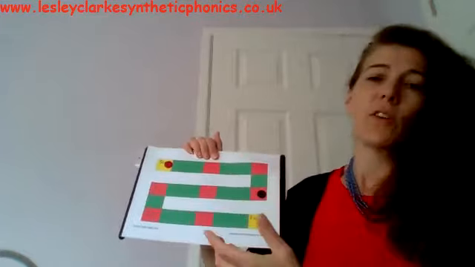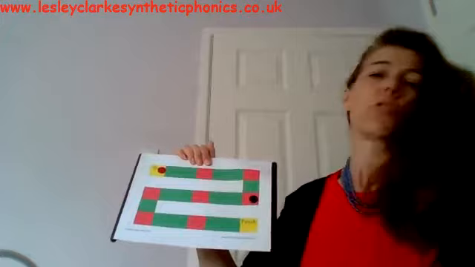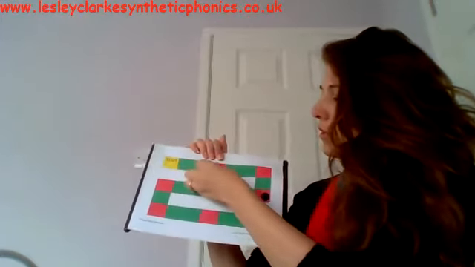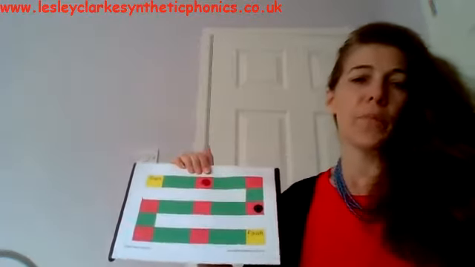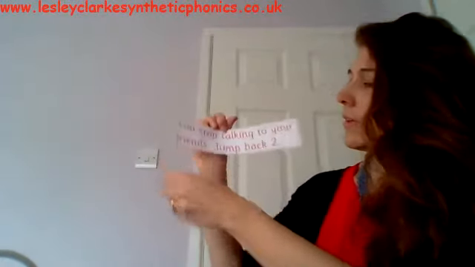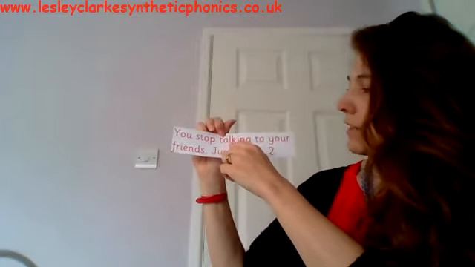Now, let's imagine that it's then the red team's turn. They get to throw the dice. Let's imagine it lands on a 3 for the sake of argument. So 1, 2, 3, they've landed on a red one. So they would choose one of the 2 red cards that are available for that lesson. So if we have a look at this one, again, this one would probably have sound buttons underneath, as that contains the focus phoneme for today, which is AL making all.